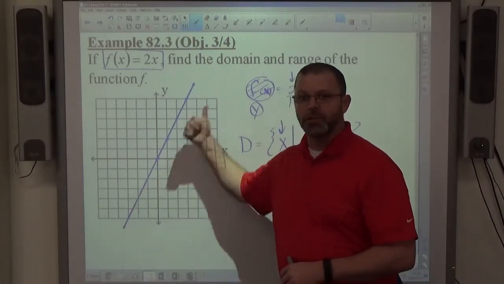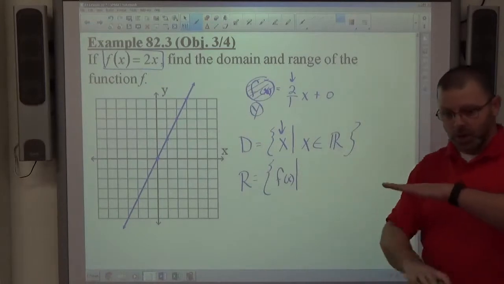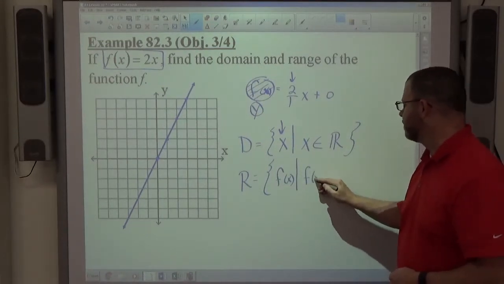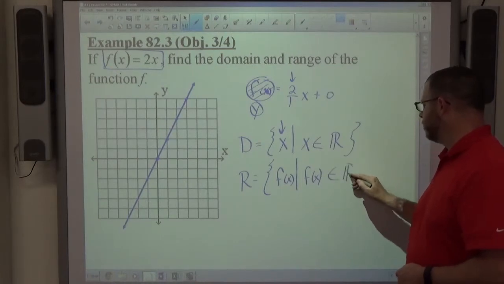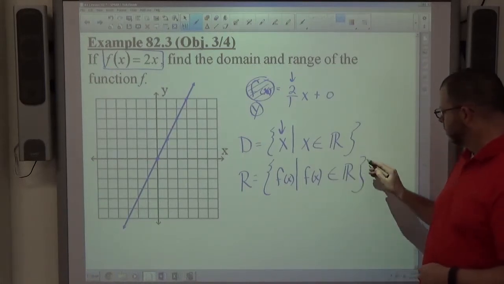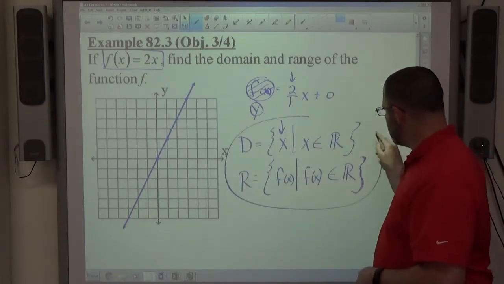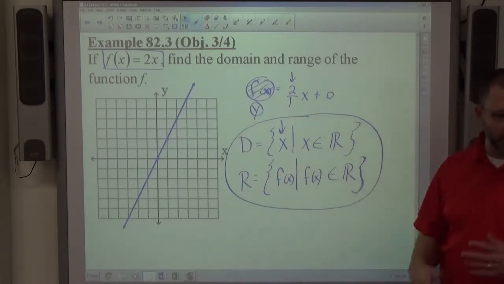All the way, right? How far up does it go? All the way. So it's going all the way down, all the way up. Every single number is hit, so all real numbers for that also. F of x is an element of the set of real numbers. That's how you write domain and range out.